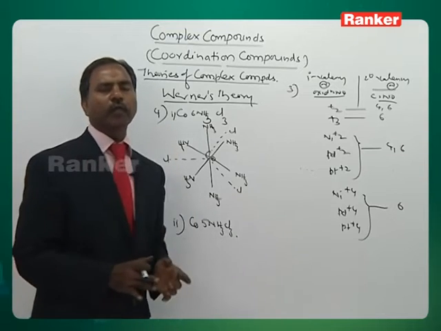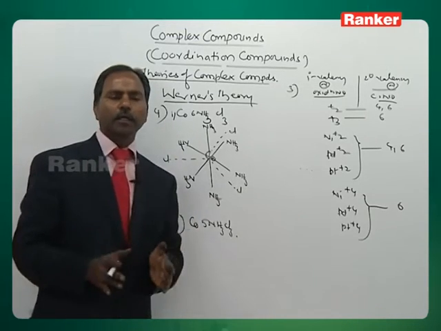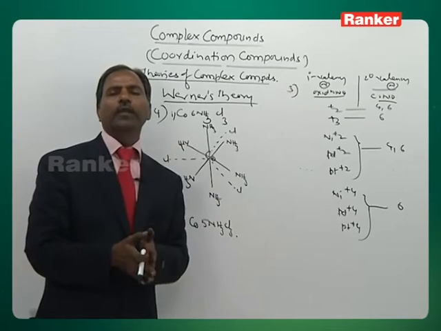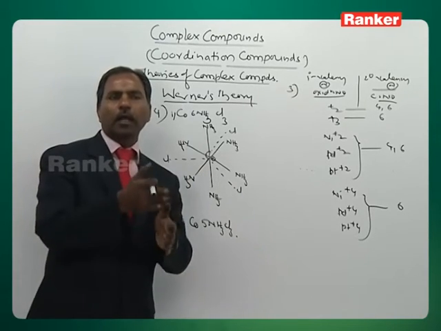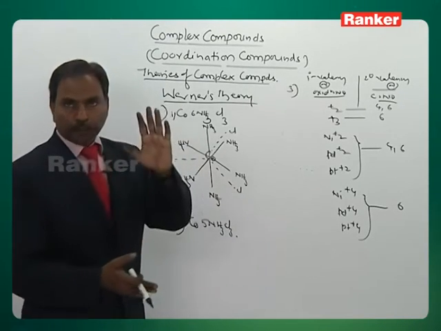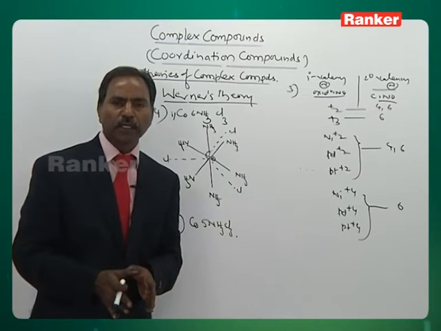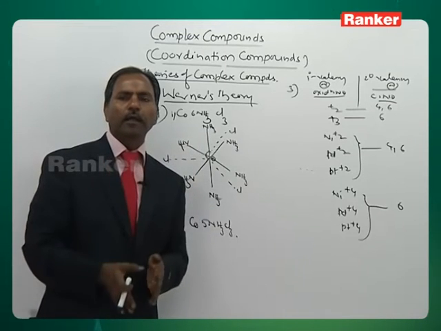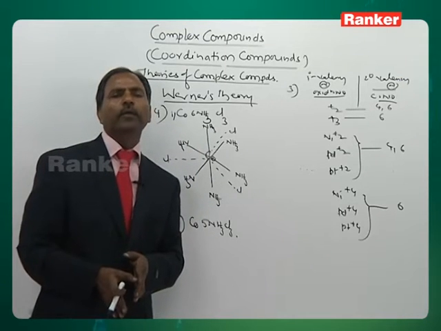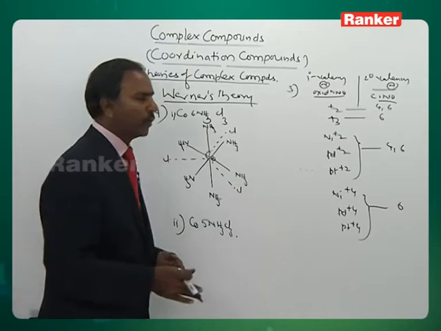Once a ligand satisfies both primary and secondary valencies, such a ligand is shown by a solid line and also by a dotted line. Such a ligand is said to be exhibiting dual character.